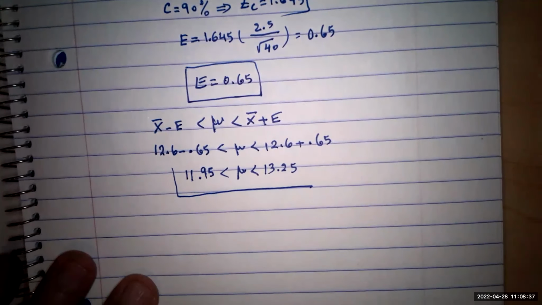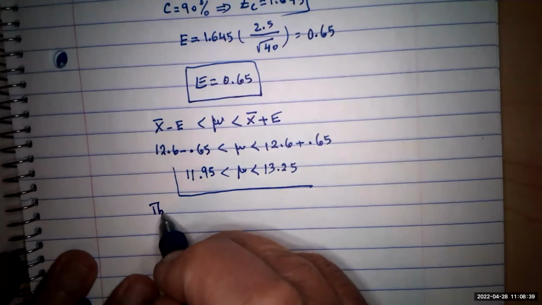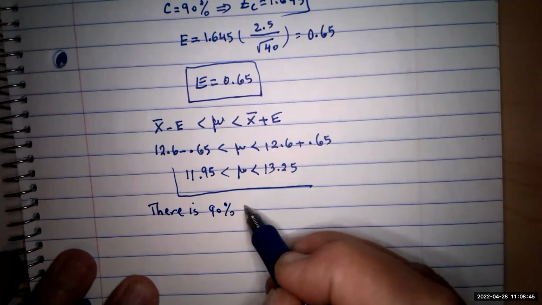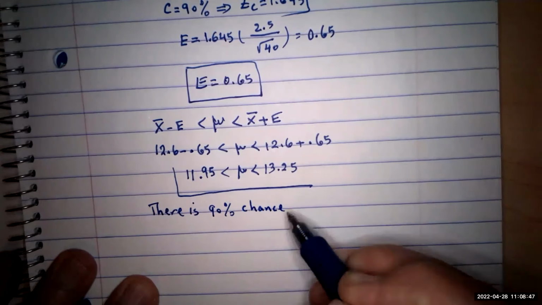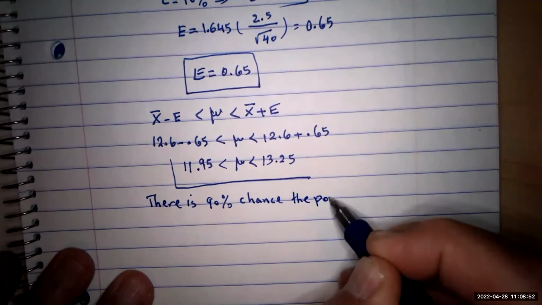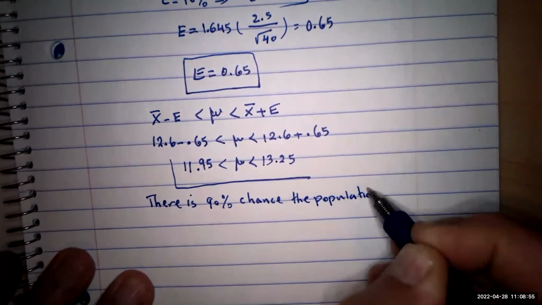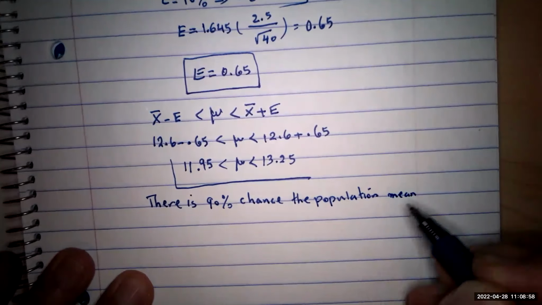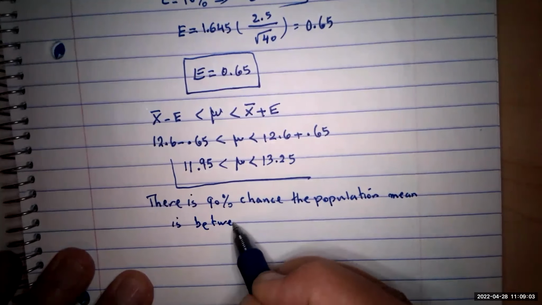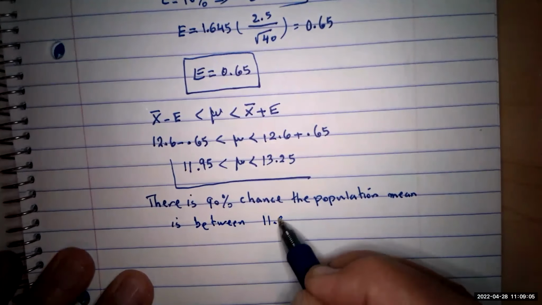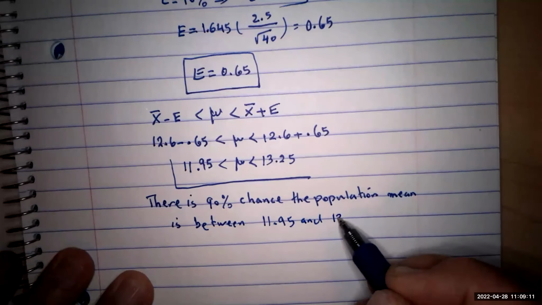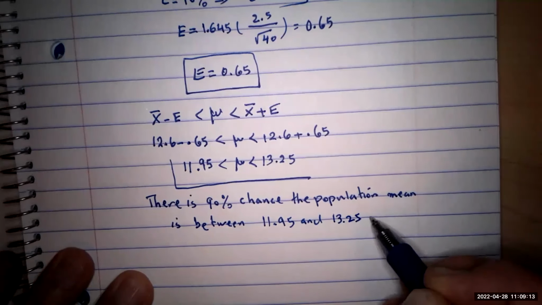We are 90% sure, or one can say there is a 90% chance, that the population mean of the time they have to spend is between 11.95 and 13.25 minutes.